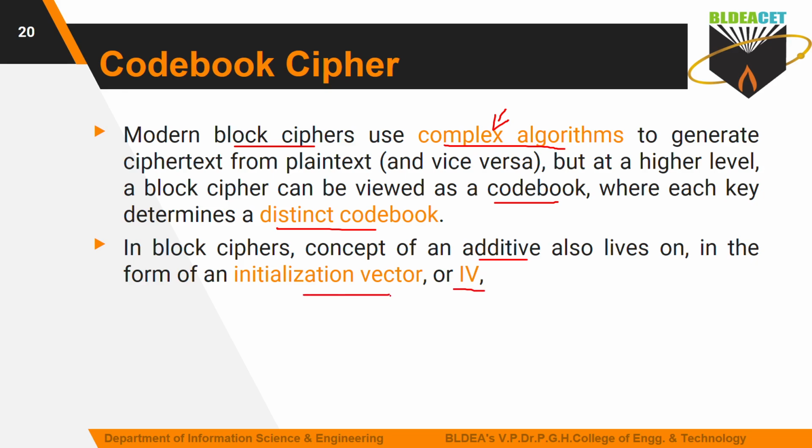Just as in the code book you use the additive book and the code book, in the modern block cipher they use the additive as an initialization vector. This initialization vector is added to your plaintext to get your ciphertext here. This is about the code book cipher. Is it clear? Okay. Thank you.